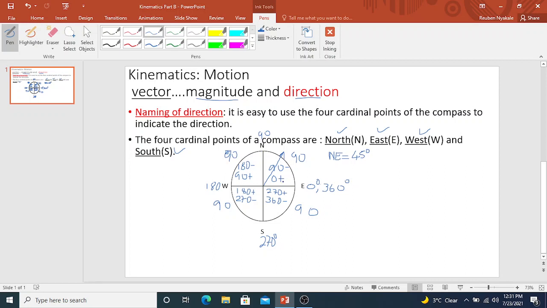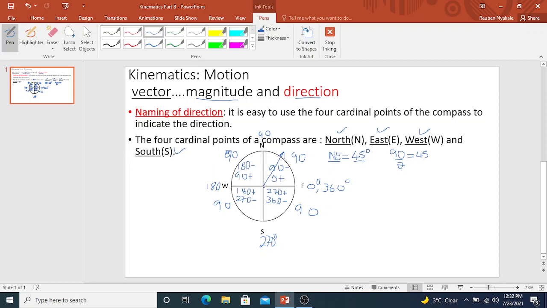Since all the quads are made up of 90, and northeast is half of this quad, it will be 90 divided by 2, which gives you 45. You are on north and east. That is why the northeast direction is a 45-degree angle.